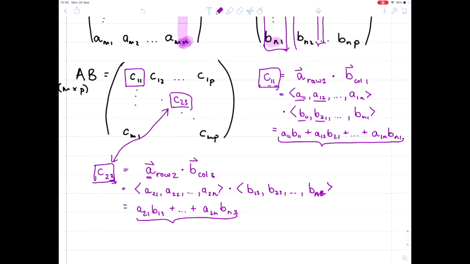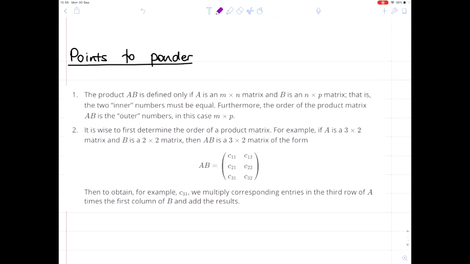So it looks like a lot of work, and it does take a little bit of practice, but it turns out that in the applications that we use matrices for, this makes sense for matrix multiplication. So let's just think of a few things about this. Notice that our product is only defined if our first matrix, the matrix on the left, has n columns, and the matrix on the right has n rows.